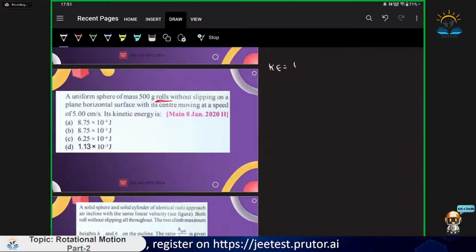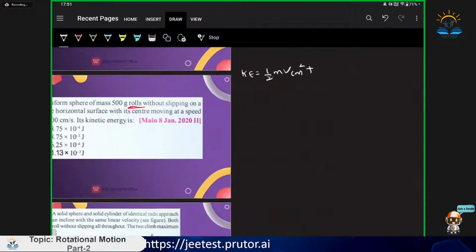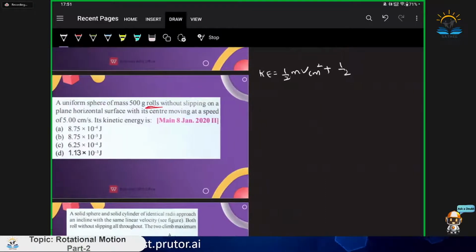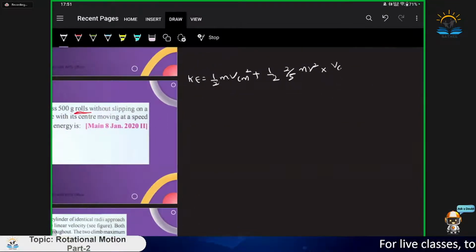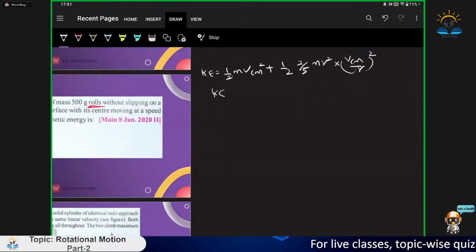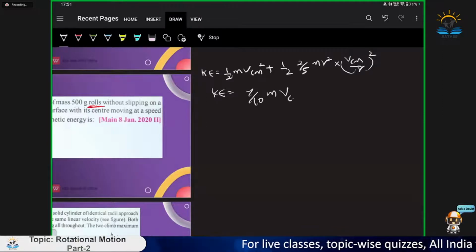Kinetic energy will be half m VCM square plus half I omega square. This is a uniform solid sphere, so I is 2/5 mr², and omega we can write as VCM by r. So kinetic energy turns out to be 7/10 m VCM square.